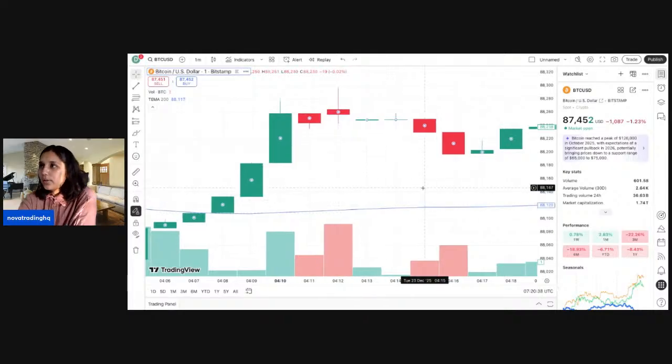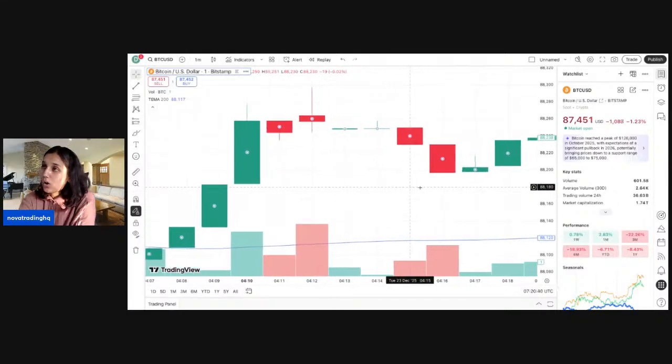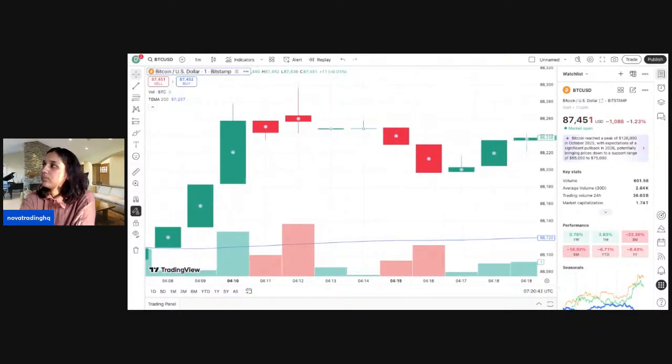But again, there's no strong confirmation. These candles are not giving us strong confirmation, but the short-term trend will probably shift from a bullish nature to a pullback phase, right?